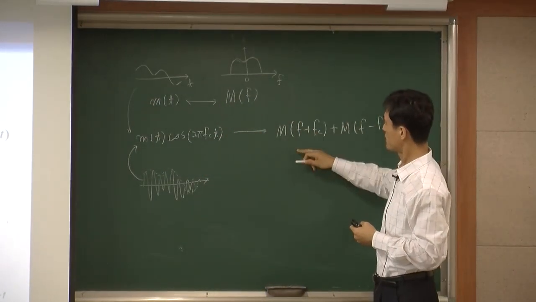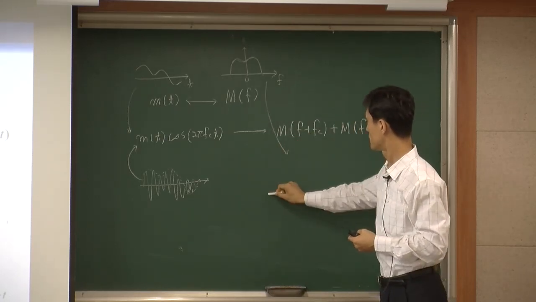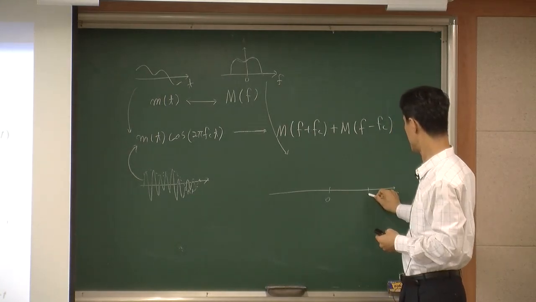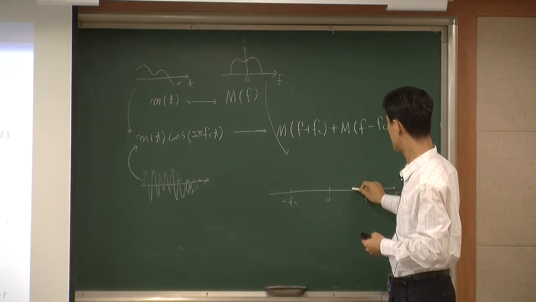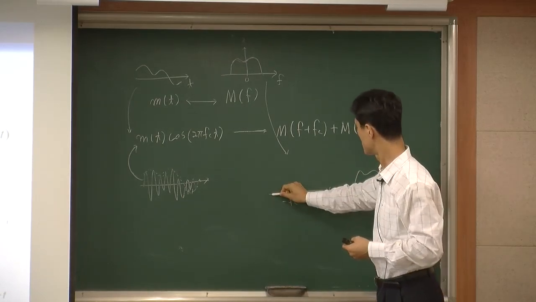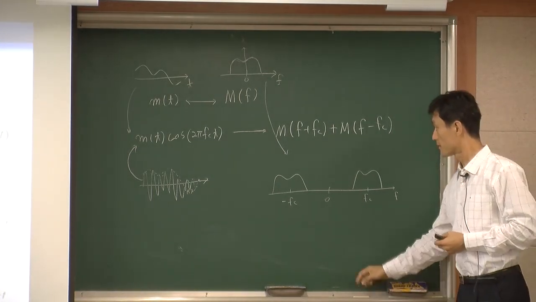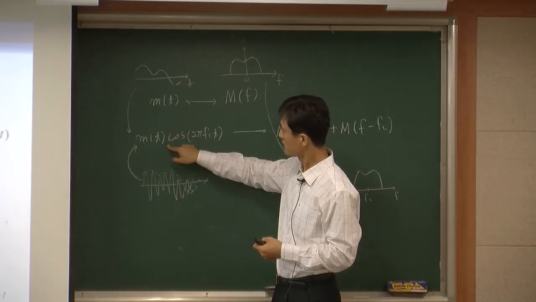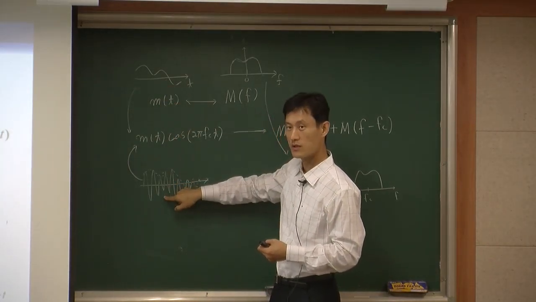So this is now changed to this one by multiplying cosine. Then what happened here in the frequency domain? This now is changed into something like that. So when you multiply cosine into the time domain signal, this one will be changed into this one.